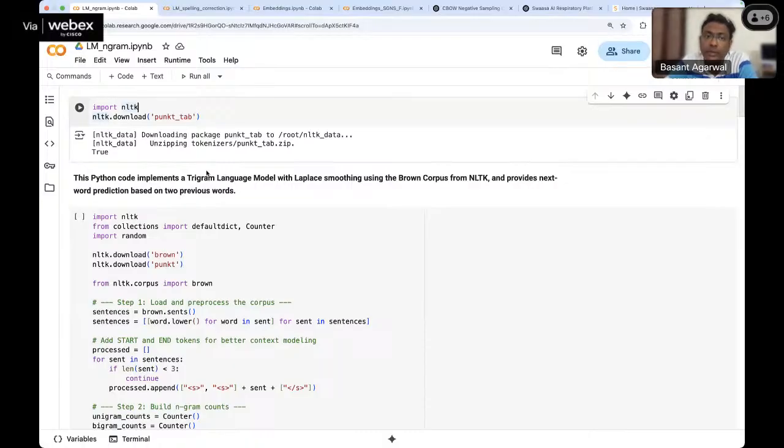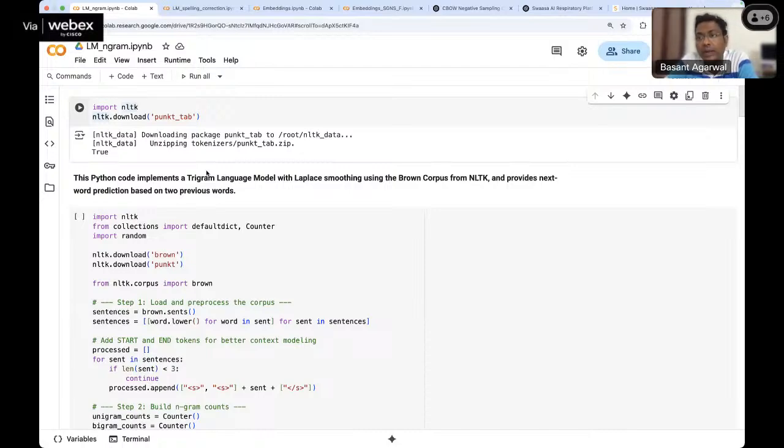The trigram language model basically works on predicting the next word based on the previous two words, and Laplace smoothing is used to avoid the situation of the probability becoming zero.